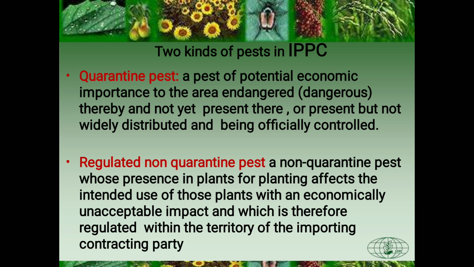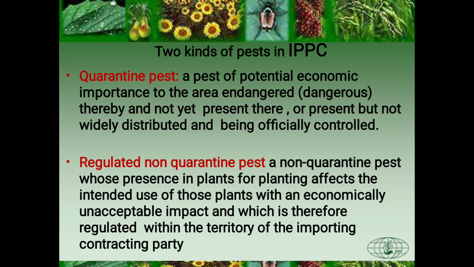The next one is the regulated non-quarantine pest. It is a non-quarantine pest whose presence in plants for planting affects the intended use of those plants with an economically unacceptable impact, and which is therefore regulated within the territory of the importing contracting party.